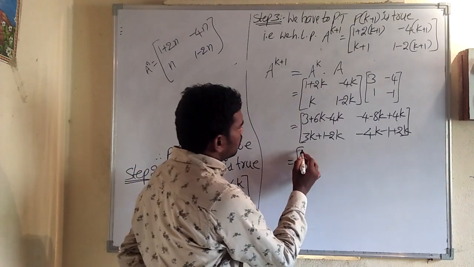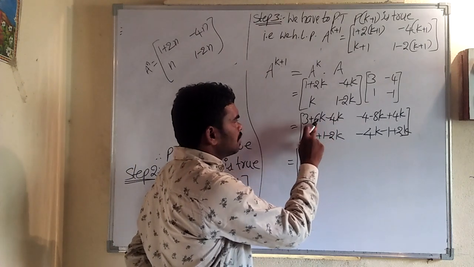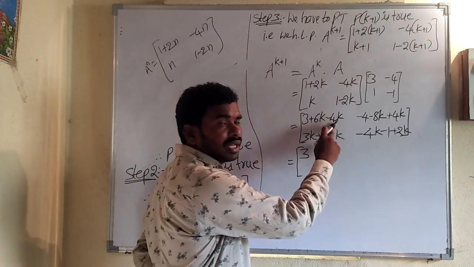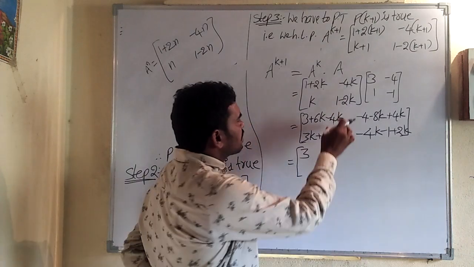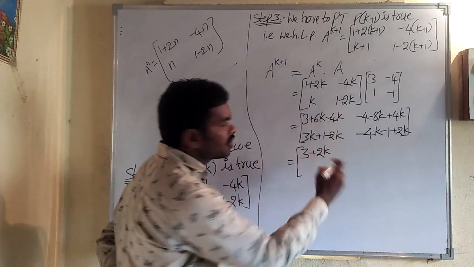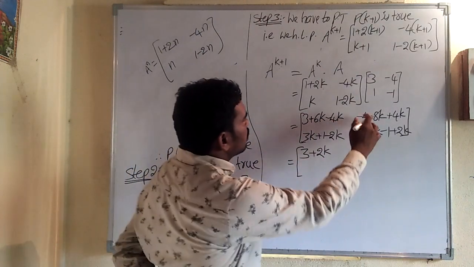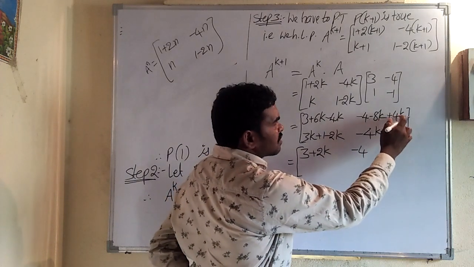See here, 3 is a number. Write as it is. And the remaining are k terms. Here 6k terms are there. Here 4k terms are there. So subtract 4k terms from 6k terms. You will get 2k terms. 6 minus 4, 2. And here minus 4, write as it is. And minus 8k plus 4k.